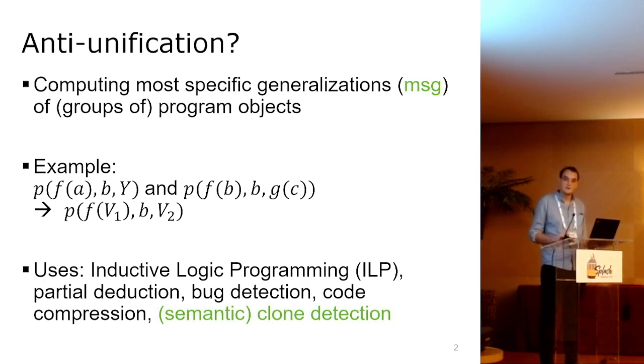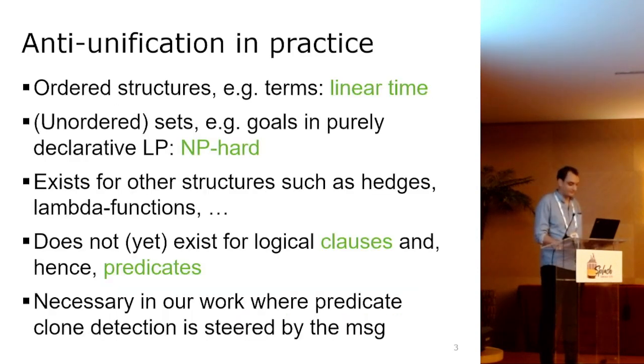By representing the common structure of different program objects, anti-unification can also represent what's common between them. It's interesting because although it's a syntactic operation, it can represent some things at the semantic level too. The generality introduced is also a semantic one.